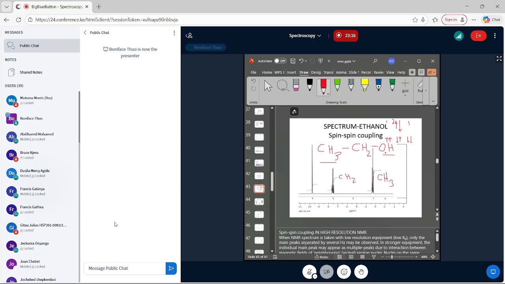The explanation is that these hydrogens are exchangeable hydrogens. The residence time on this oxygen is quite small, such that it's actually not having enough time to split.